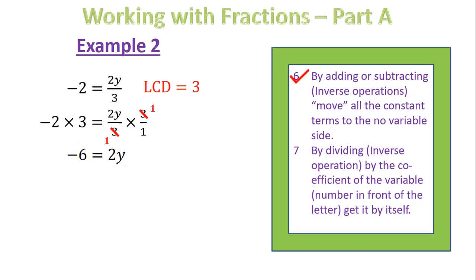However, step 7, by dividing by the coefficient of the variable, get it by itself. So what's in front of my y? It's 2, and so I divide both sides by 2. Negative 6 divided by 2 gives me negative 3, and that equals 2y divided by 2 gives me y. Step 7 is done, and that means that y equals negative 3 is the correct answer.